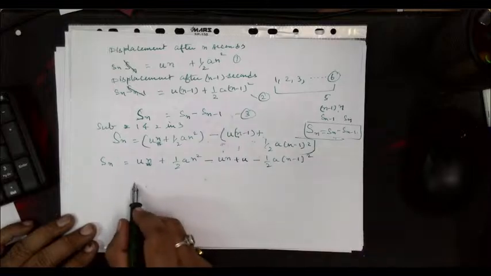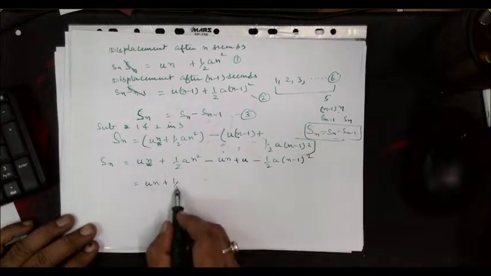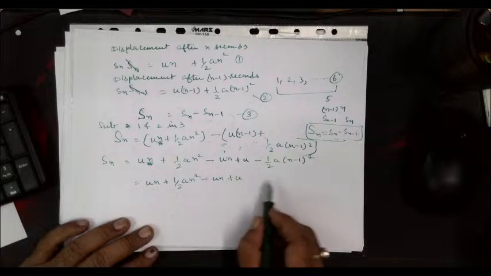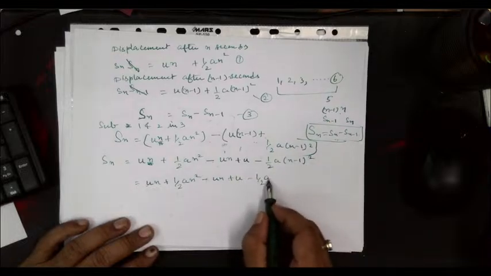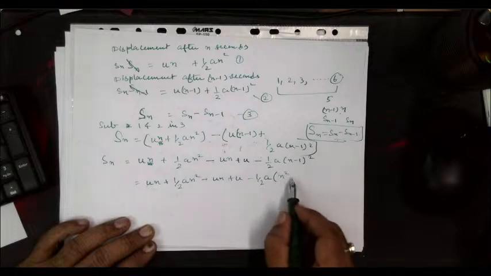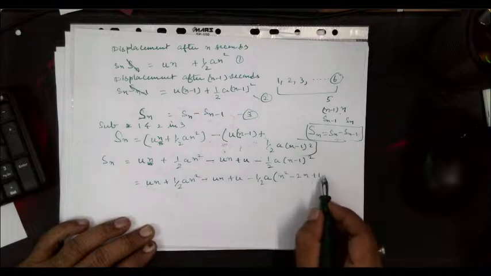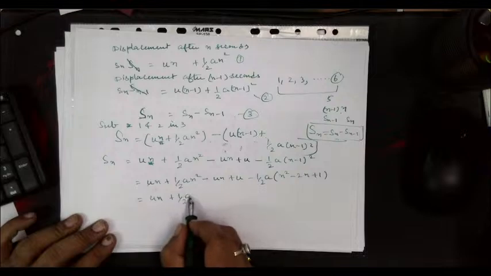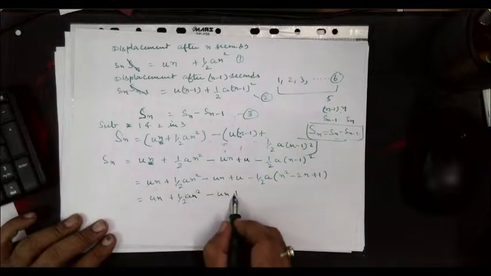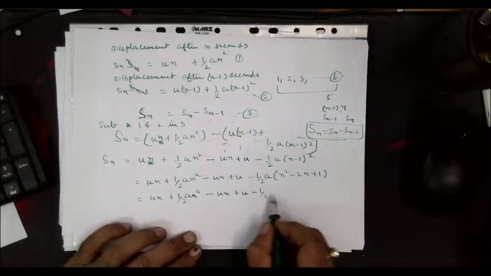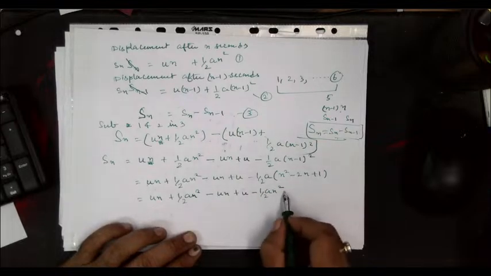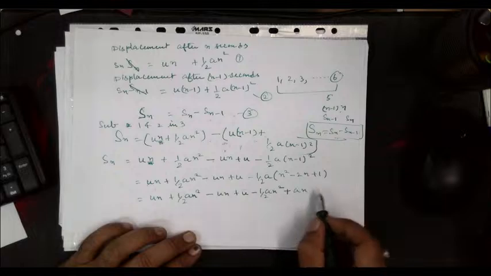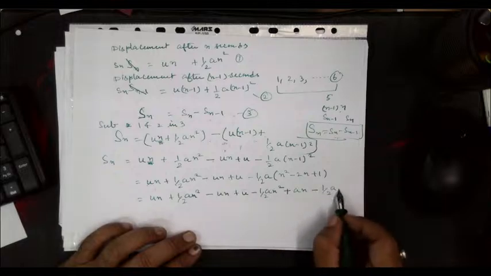Let us expand this: n squared minus 2n plus 1, right? Therefore un plus half an squared minus un plus u minus half a into n squared, and then minus of minus plus half into 2, 1, therefore an, then minus half a. Got it?